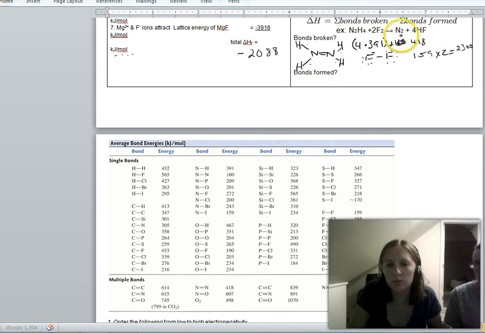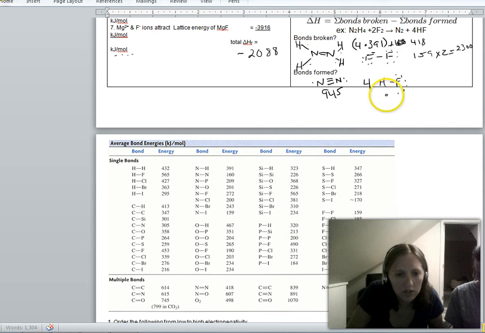And then the bonds formed: nitrogen with a triple bond, which is the big one, 945, and 4 times the hydrogen fluorine bond, which is 565.